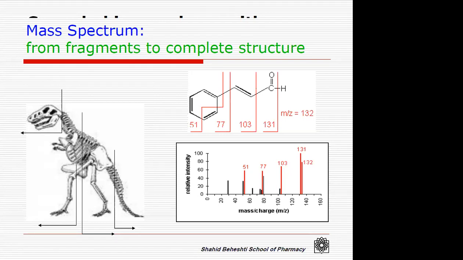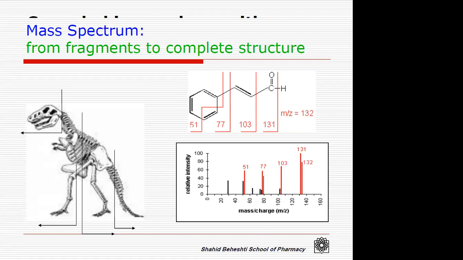if we fragment the molecule in a certain and controlled condition of fragmentation, we always get parts and fragments from the molecule.